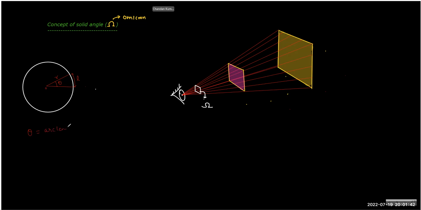So this angle in radian has a definition: theta equals arc length divided by radius. Clearly this is the ratio of length upon length, so it is a dimensionless quantity, as we know. The ratio of two lengths gives you a number, so theta is a number actually, like 1, 2, 3, something like that.